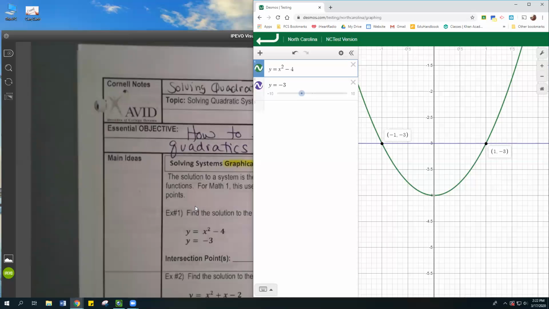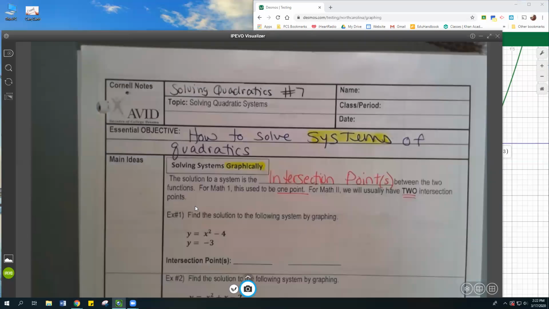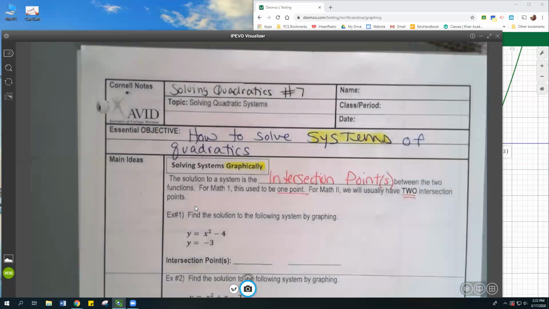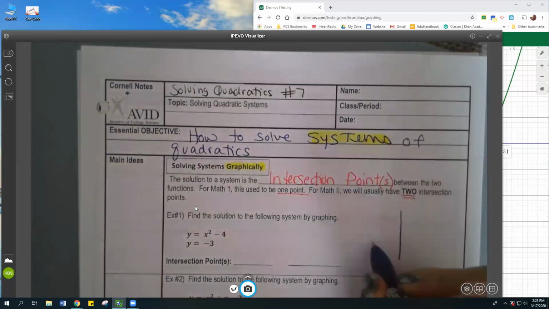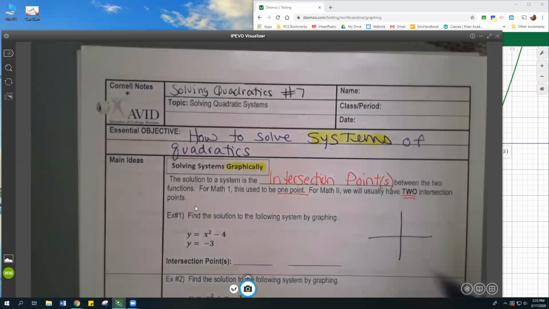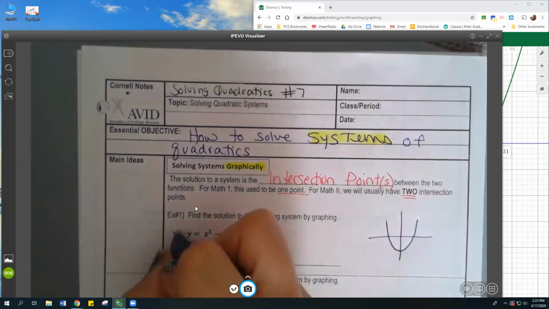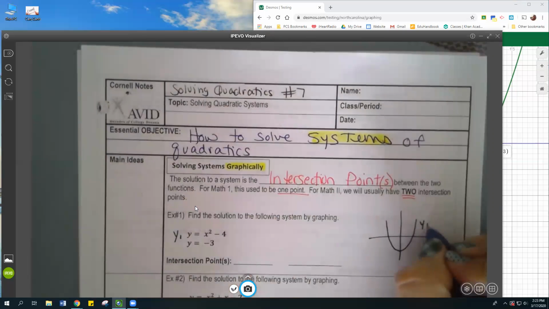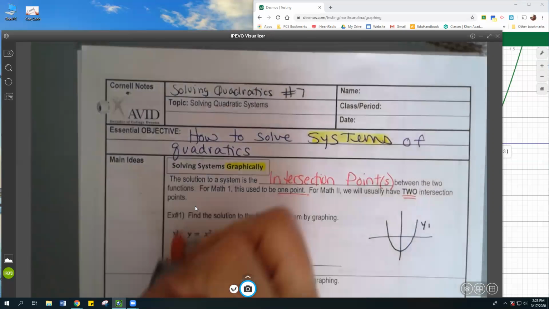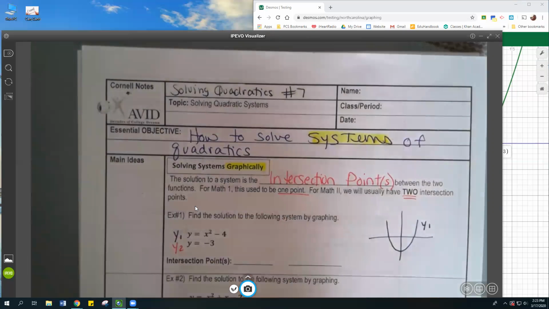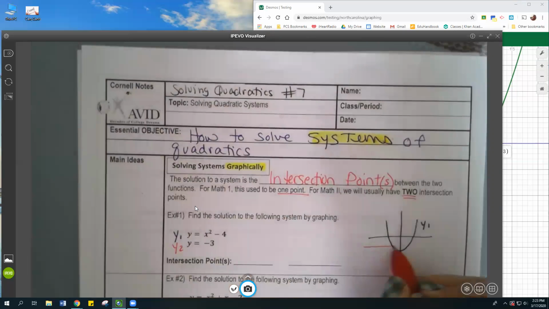So let me just do a quick sketch for you here on my paper. We had our parabola graph like that. So that was y1. And then I plugged in y2 for the linear guy, which went like that.